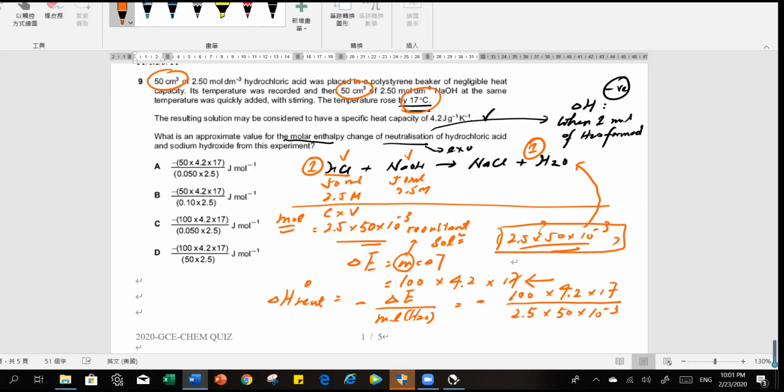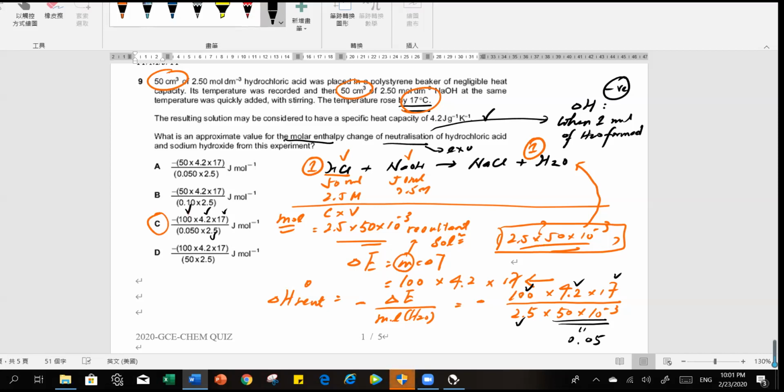I bet the answer is C, right? The answer is C because you can take a look: 100, 4.2, 17, 2.5, and 50 times 10 to the power negative 3 is 0.05. So the answer is C.